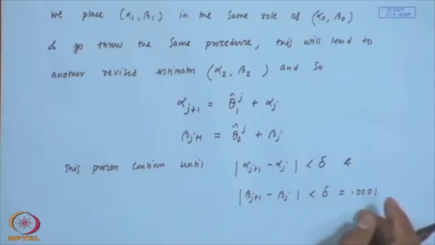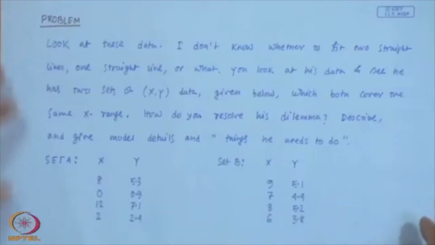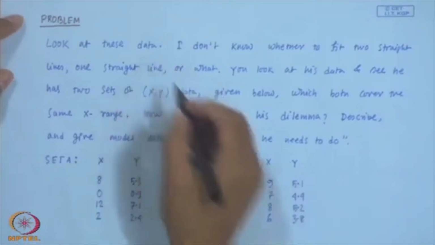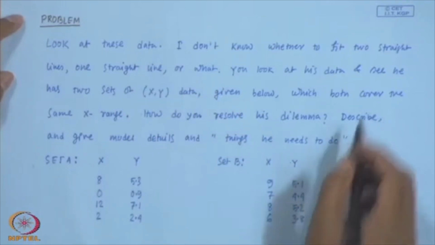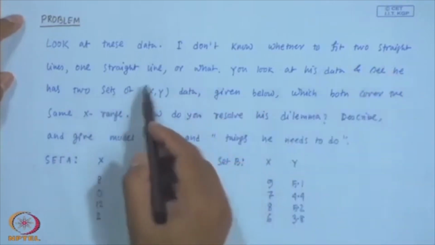Well, so this is the first example from nonlinear estimation. Next, we will consider a problem from dummy variables. Dummy variables are utilized to separate blocks of data. So, here is an example. Look at this data. I do not know whether to fit 2 straight lines, 1 straight line or what.